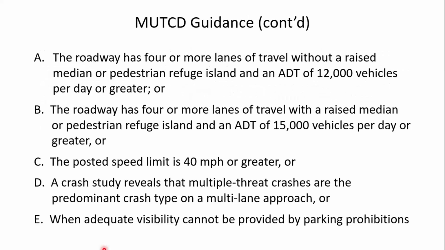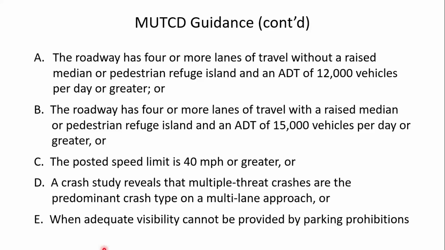And this is their list of, what's that, 5 conditions. Notice the roadway has 4 or more lanes of travel without a pedestrian refuge island and an average daily traffic of 12,000 vehicles per day or more.